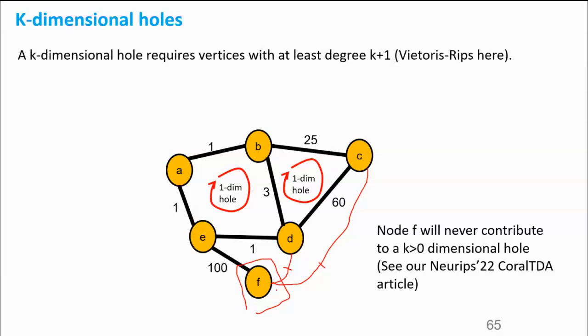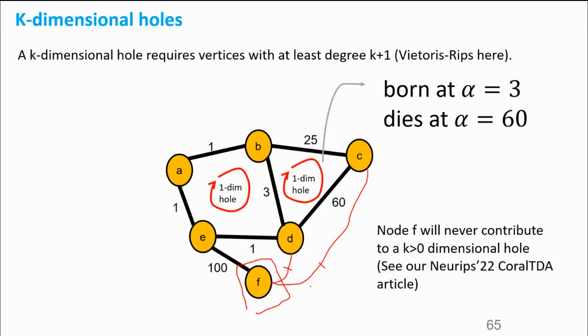That's actually the main idea of our NeurIPS 2022 paper, where we scale pH to large graphs. In this case, for example, let's look at holes when they are born and when they die.